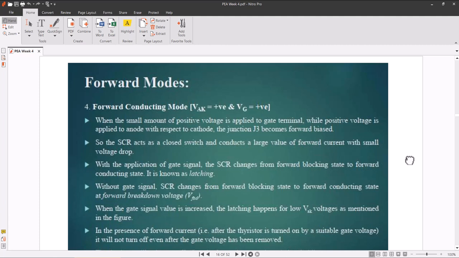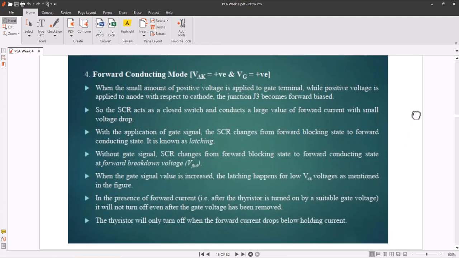In the presence of forward current, that is, after the thyristor is turned on by a suitable gate voltage, it will not turn off even after the gate voltage has been removed. The thyristor will only turn off when the forward current drops below the holding current. So if you want to turn off the thyristor, you will need to reduce the main current below the holding current.